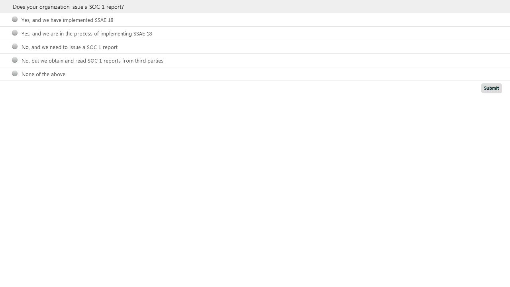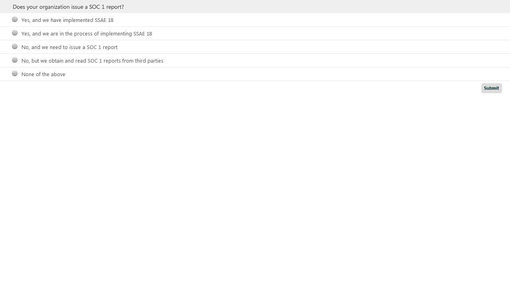So the first polling question is, does your organization issue a SOC 1 report? The choices are: one, yes, and we have implemented SSAE 18 already. Two, yes, we do issue a SOC 1 report, but we're in the process of implementing SSAE 18. Three, no, we don't currently issue a SOC 1 report, but it's something we're thinking about issuing.